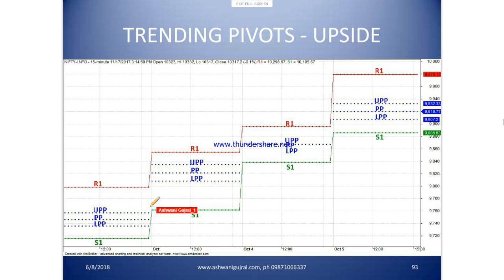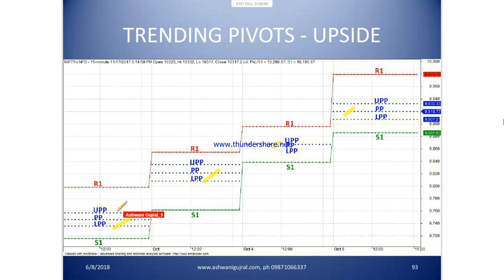This is how the pivot points look. I have taken the price off. So if the market is trending, this central pivot range will keep moving higher. Similarly, R1 will keep moving higher, S1 will keep moving higher. So this is how a trending pivot depiction looks.